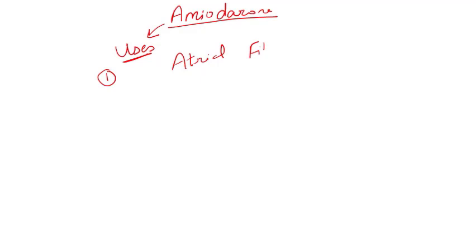Atrial fibrillation and atrial flutter. So the first indication of amiodarone is atrial fibrillation and atrial flutter rhythm control.